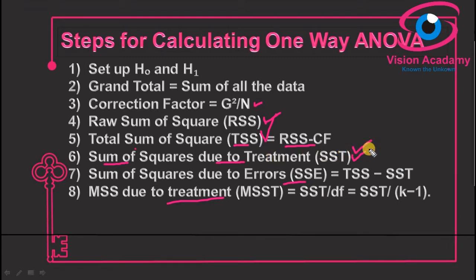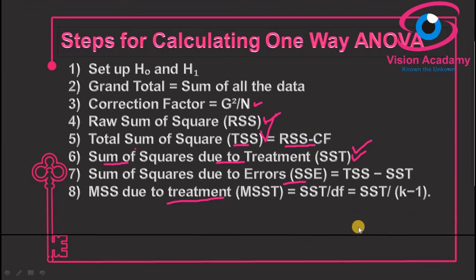If you divide SST by the degree of freedom, we will get the mean sum of squares due to treatment. The degree of freedom can be expressed as k minus 1. Here k is the number of groups in the sample, like male, female and transgender. We have 3 groups, so 3 minus 1 gives 2. So SST divided by 2 will give MSST.